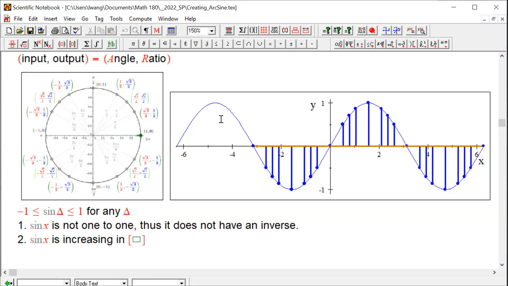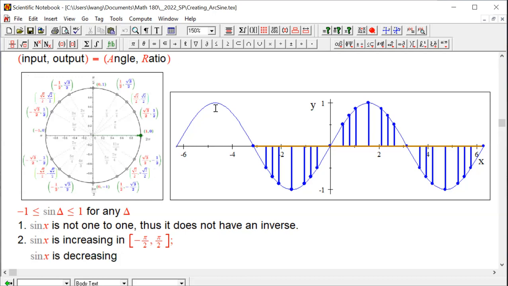For example, we can say sine x is increasing from negative pi over 2 to pi over 2. That's one statement we can make. We can also say sine x is decreasing.